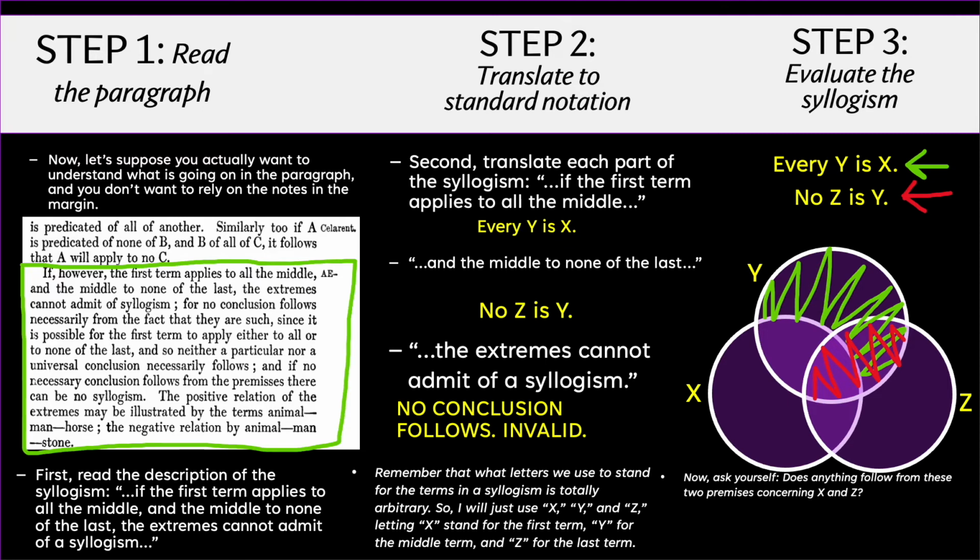So we're looking for any conclusion concerning the terms that have only appeared once. Is there any conclusion that follows concerning x and z? Those are the two terms that have only appeared once so far. And the answer to that question is that the syllogism is invalid. Nothing does necessarily follow. From just these premises, we can't draw a conclusion concerning x and z.